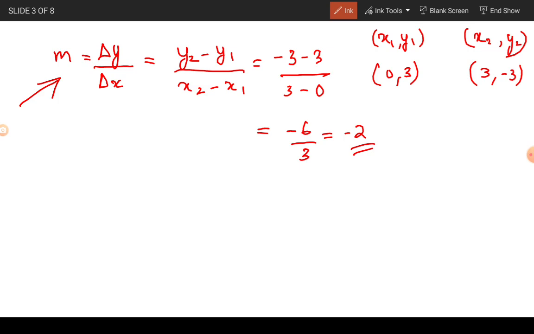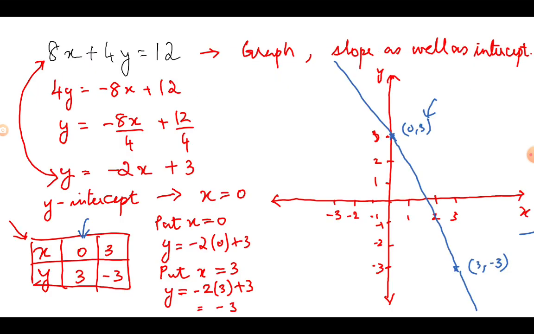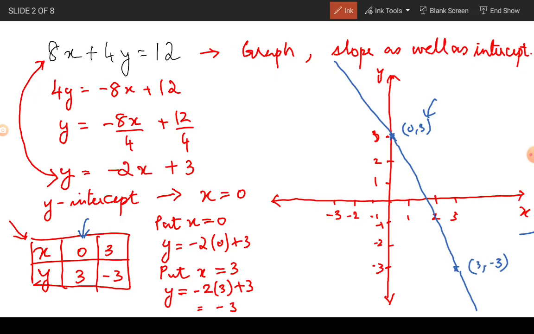As you can see, our slope intercept form had also given us the same value, minus 2, as the slope. But I discussed the other method so that you are prepared for finding answers in different methods.